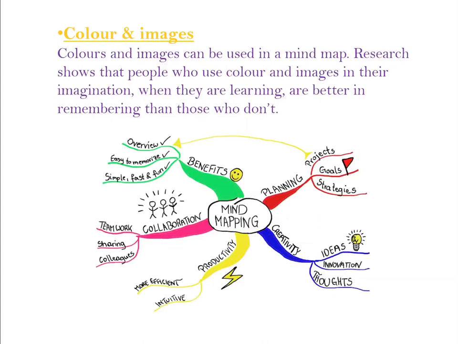You can use colors to make it look radiant. You can also use images. As said earlier, research has shown that people who think in images are better learners. One can remember images more easily than words. So there is a liberty of use of color and images while creating a mind map.